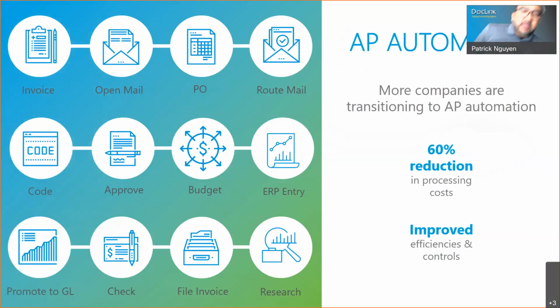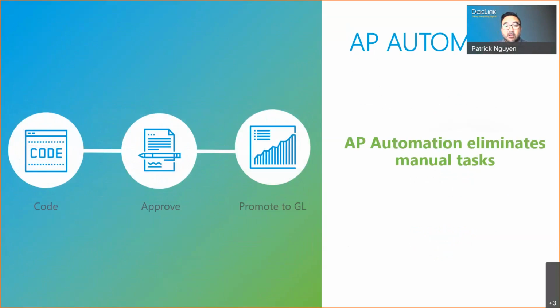Here's a diagram of a typical manual AP process that most organizations go through, right? These 12 processes. By automating AP with DocLink, you're able to reduce 60% of these manual steps. So think about implementing AP automation by utilizing DocLink.